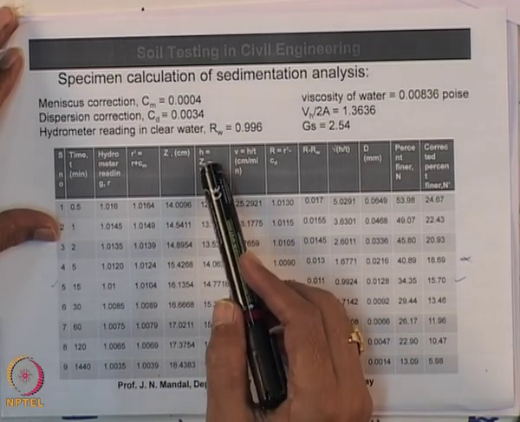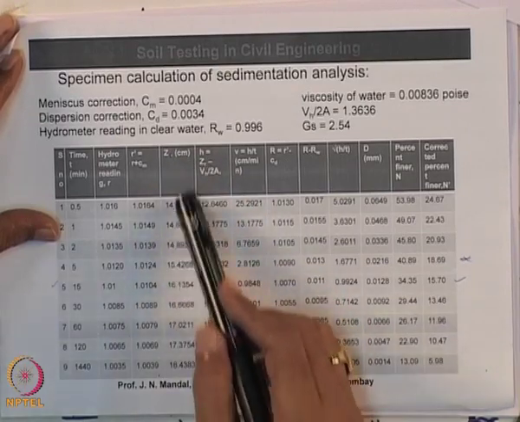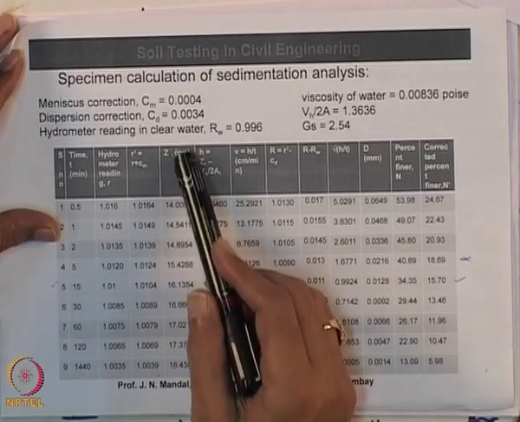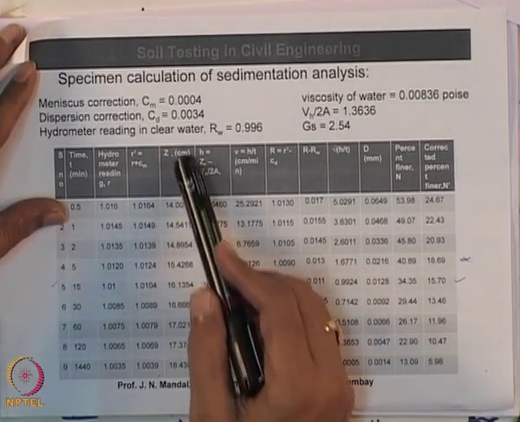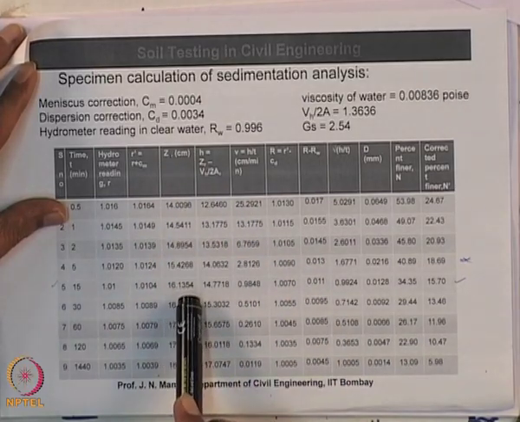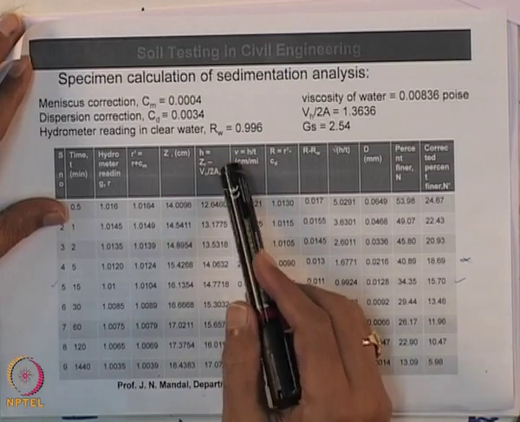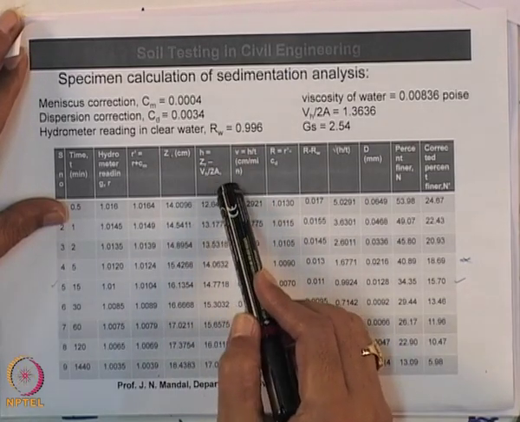Okay. Then you have to calculate the ZR, which I mentioned; I can show you how to calculate ZR, that is 16.1354. Then H will be equal to ZR minus H by 2A.